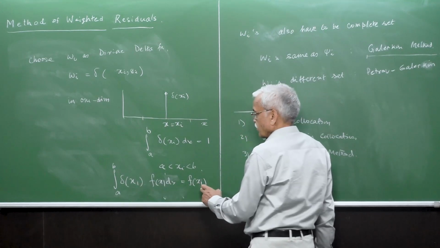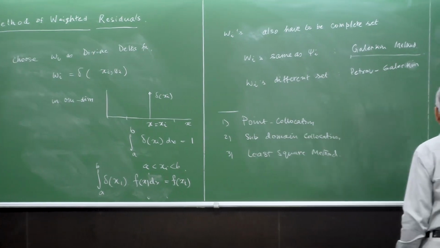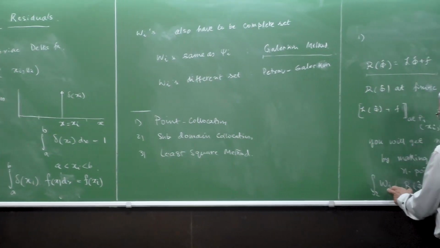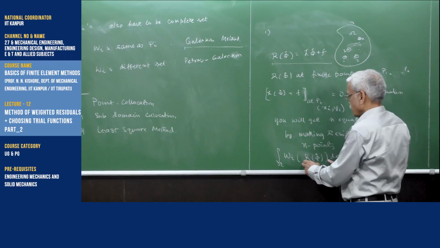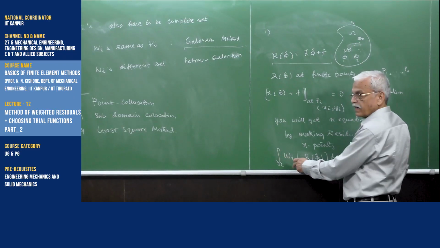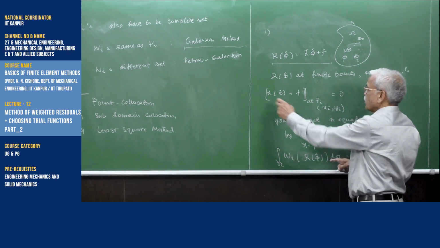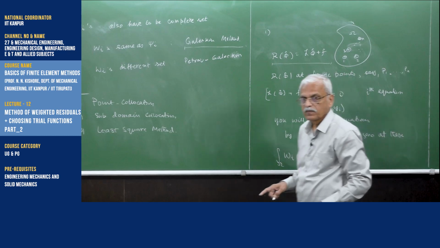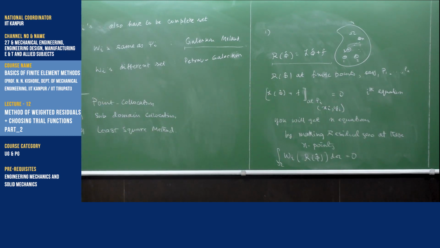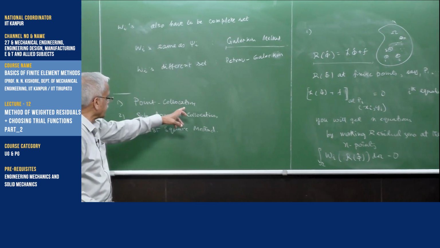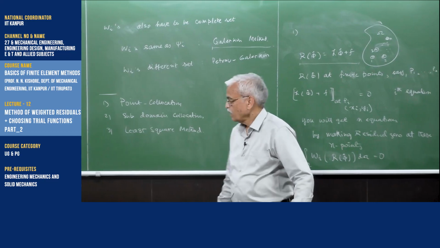So the whole thing is evaluated at P equal to Pi. Okay. So that way we have shown that point collocation method is also one of the weighted residual methods.